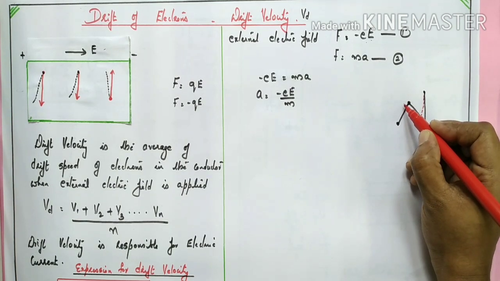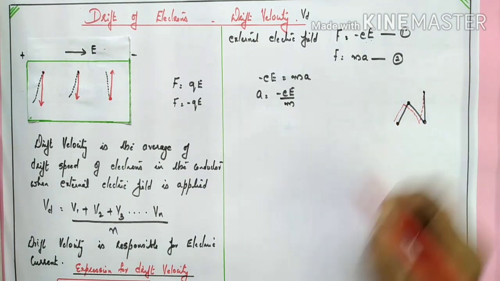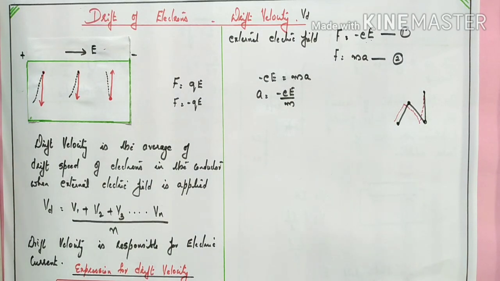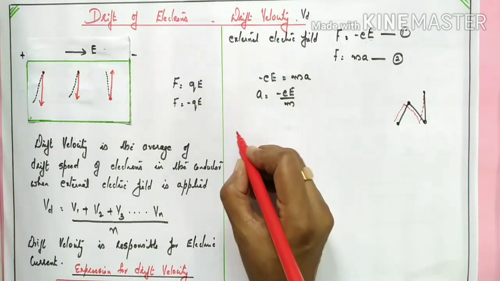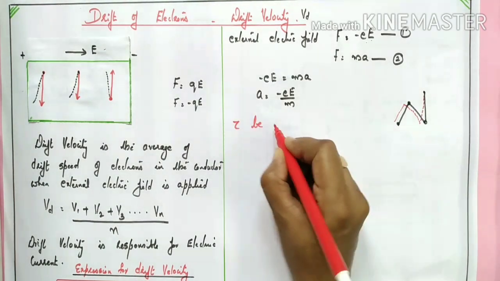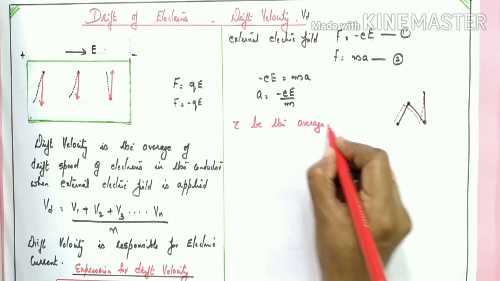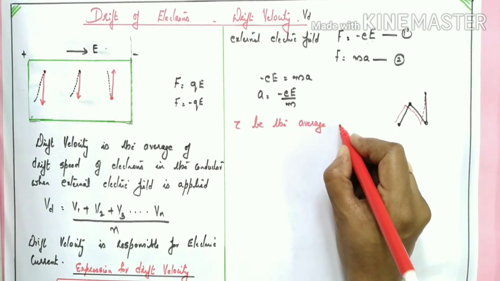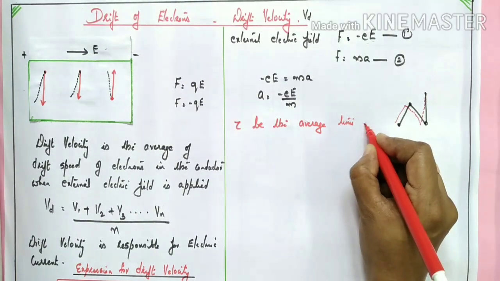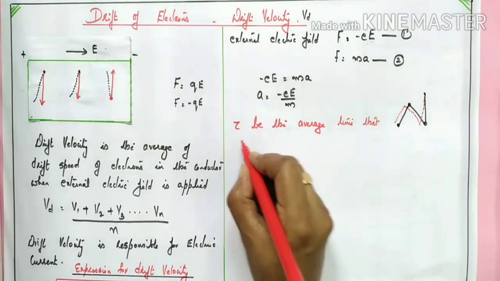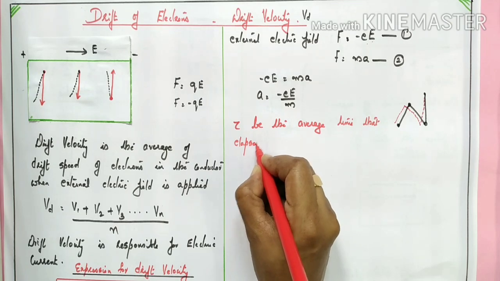Here this electron will be shifted like this, and the process goes on. So due to the external electric field, it slightly drifts. Let tau be the average time that elapses between two successive collisions.